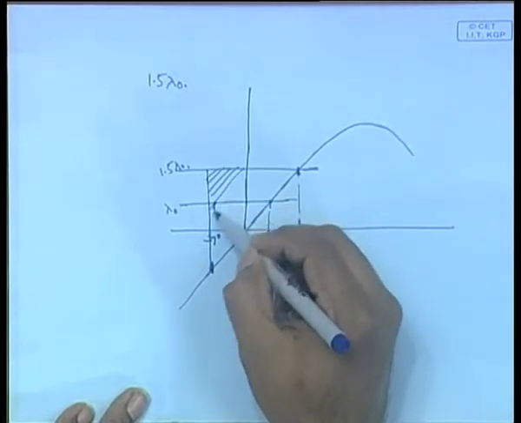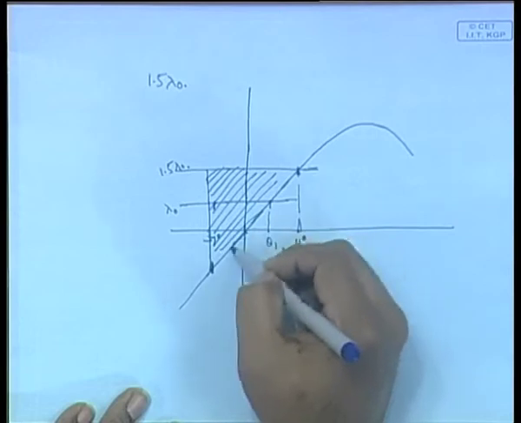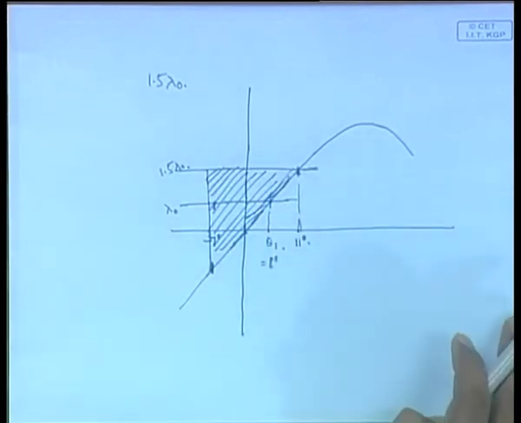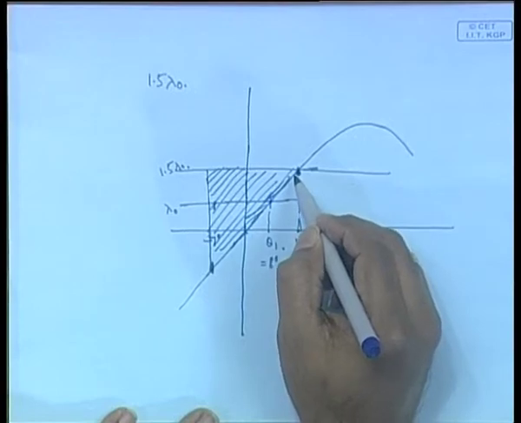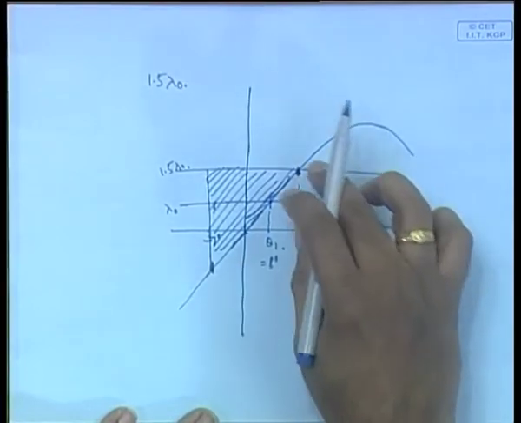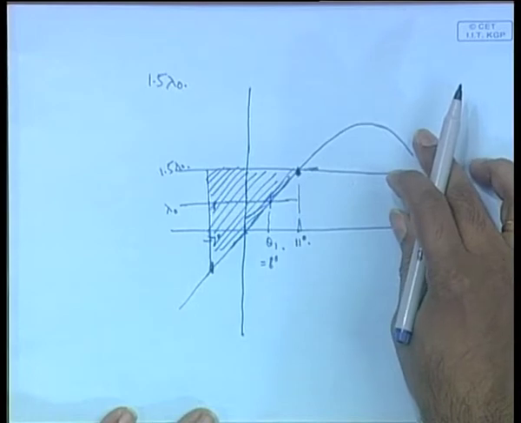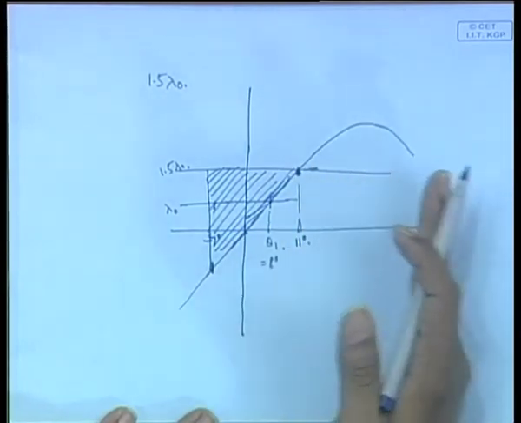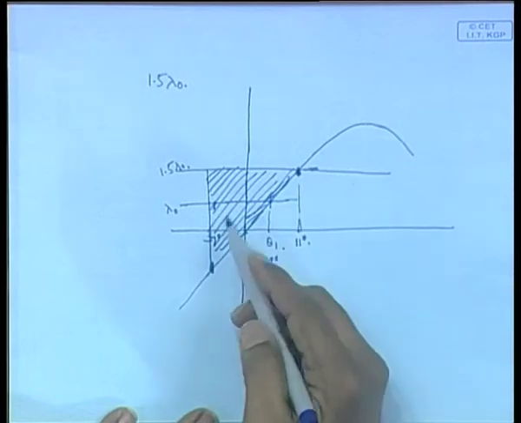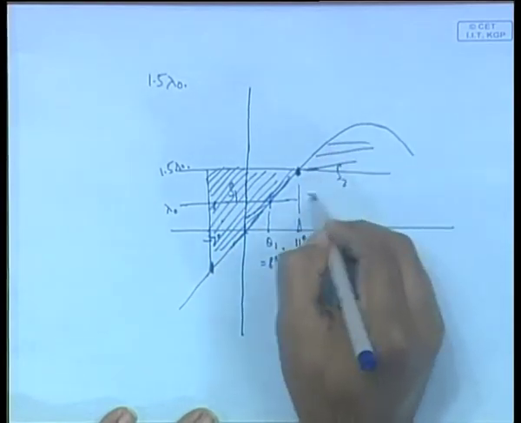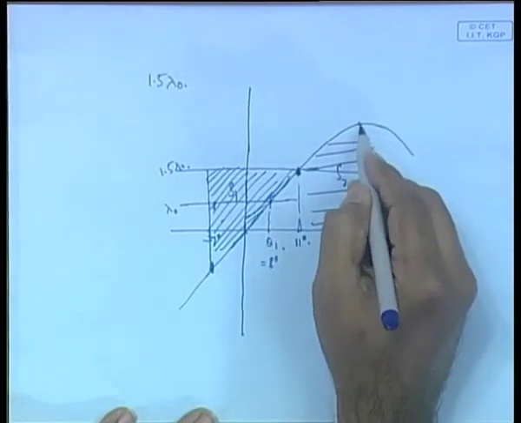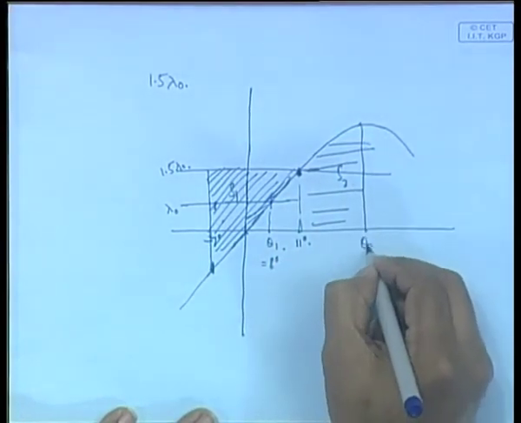This area we find, and then starting from this angle, you have to extend that area further like this. You have to find the angle to which you have to go such that this area S1 is equal to the area here, S2. You have to find that theta dynamic.